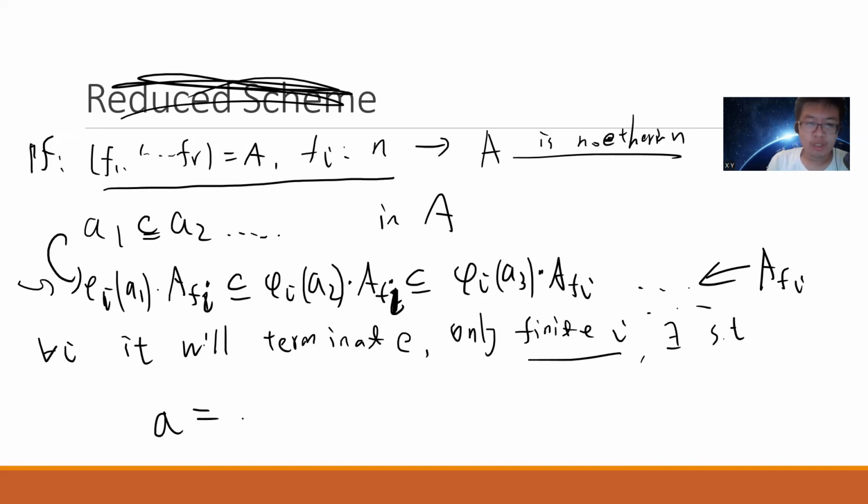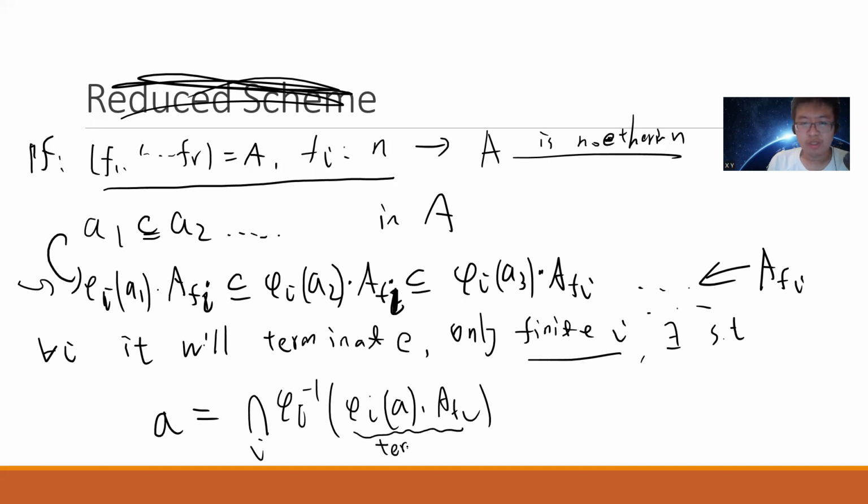And by the intersection lemma that we proved, after a large enough n, this will not change, so A will terminate. So the ascending chain will terminate due to the previous lemma.